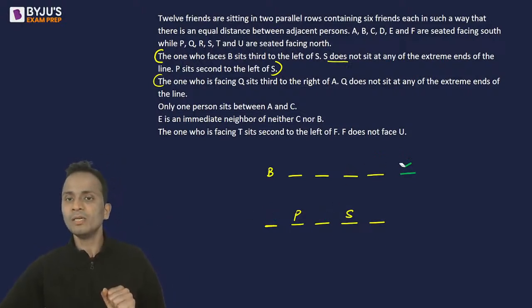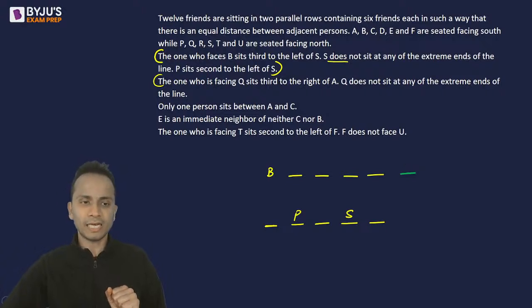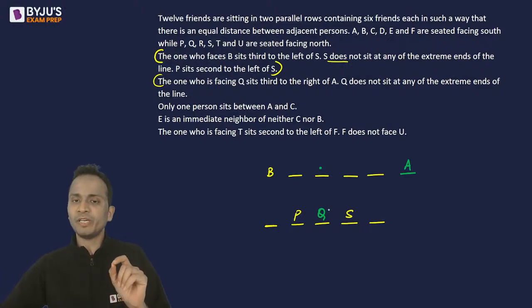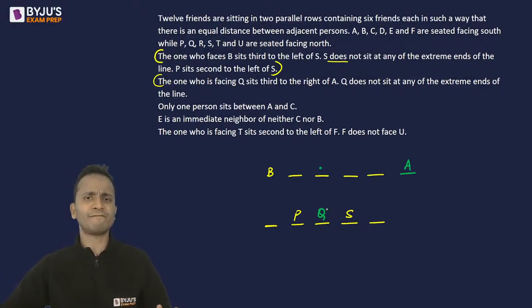So first of all, I'll place another chair and will make A sit here. So the one who is facing Q sits third to the right of A. Third to the right of A will be this chair and Q will come here. I'm making this arrangement with green color. Let's see if it fits or not. Now Q does not sit at any of the extreme ends of the line. Fine, Q is not sitting at extreme ends. Okay, this is cool.